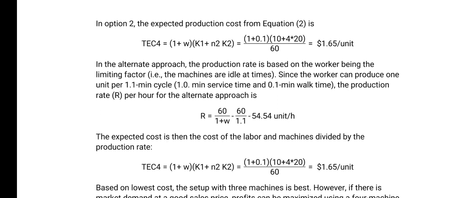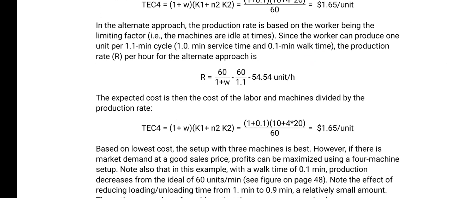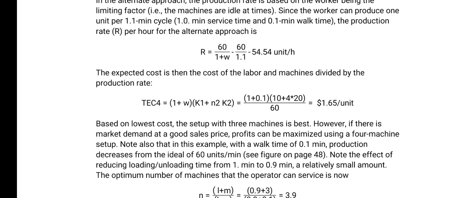The expected cost is then the cost of the labor and machines divided by the production rate. So we get 1.65 dollars per unit. Based on the lowest cost, the setup with the three machines is the best.